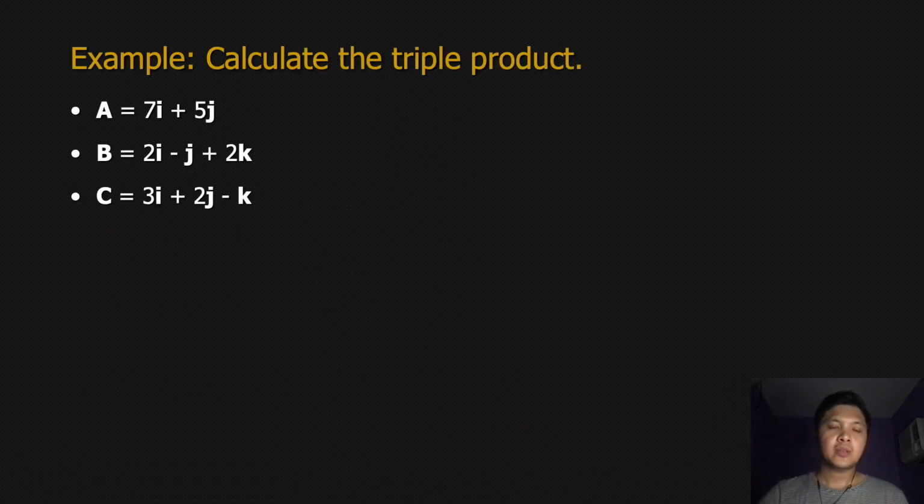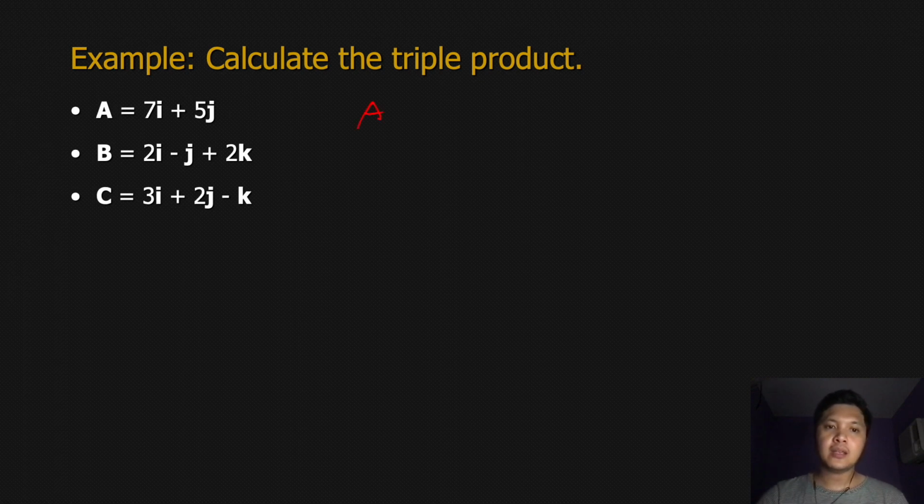So for example, we are asked to calculate the triple product where A is equal to 7i plus 5j, while B is 2i minus j plus 2k, and C is 3i plus 2j minus k.